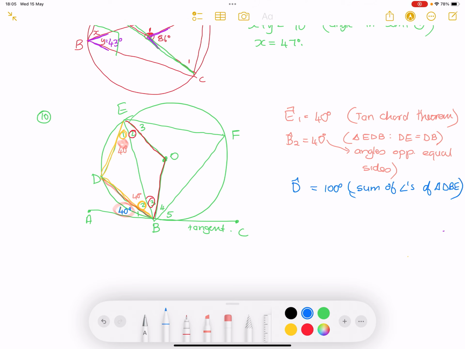So now this one is 100 degrees. The next one we have to work out is angle F.